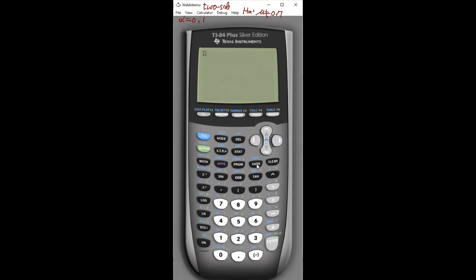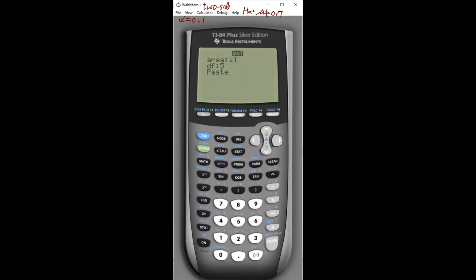Second DISTR. Now we go to inverse T. Because right now this is two-sided, what is the area for each side?